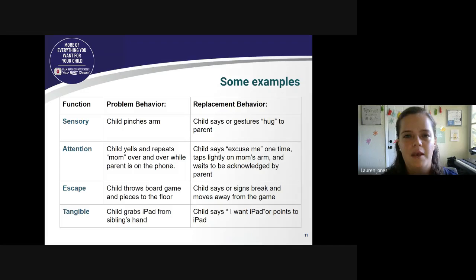They throw the board game and throw the pieces to the floor. Instead, we can teach them to say or sign break and move away from the game. For tangible, something that they want access to, the child grabs their iPad from their sibling's hand. Instead, we can teach them to say, "I want iPad," or point or gesture towards the iPad.